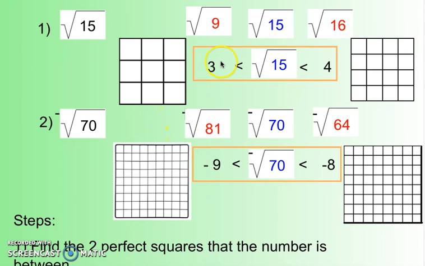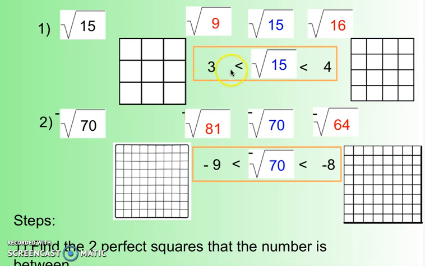The way that I write my answer is I say that square root of 15 is greater than 3. The reason why I'm saying greater than 3 is because do you notice the mouth is facing the square root of 15? So that means square root of 15 should be bigger than 3. Or we could say it the other way.